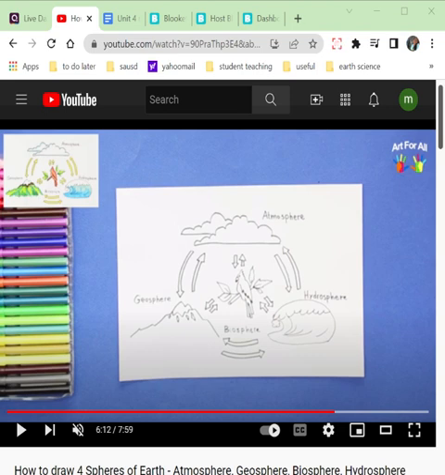But unfortunately, the more carbon dioxide that's released, the more it kind of destroys our ozone layer. So that protective barrier that we have is slowly decreasing over time the more carbon dioxide is released. And carbon dioxide will be in here too. So anything that's related to the air.